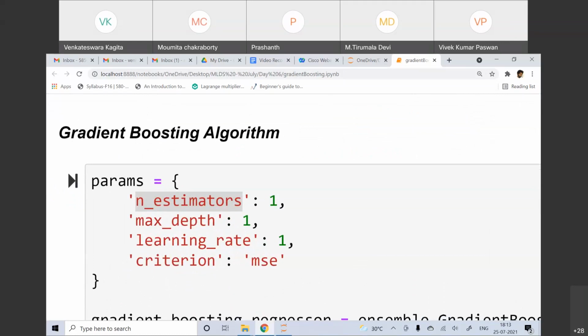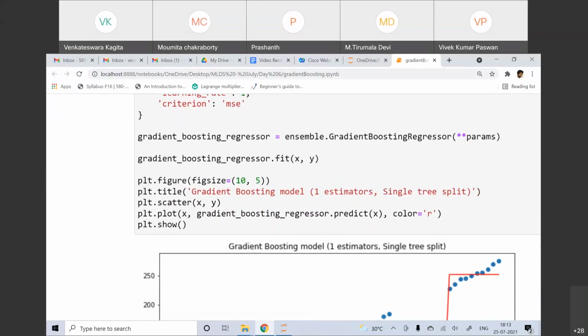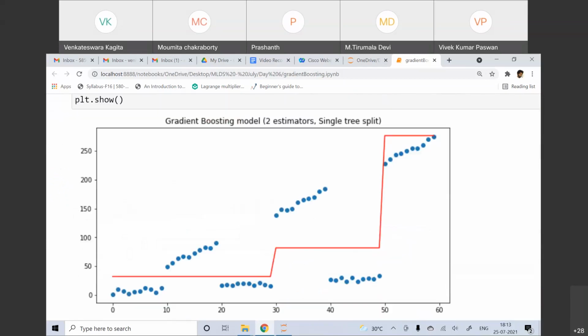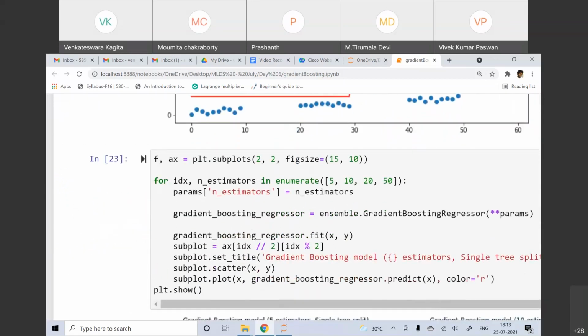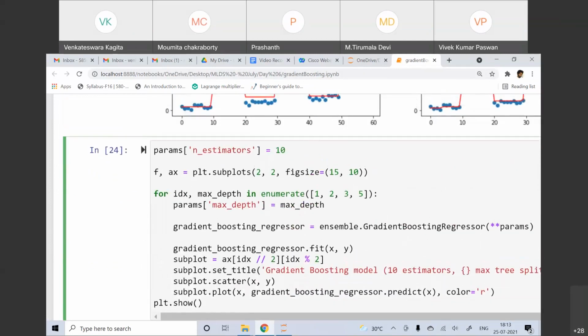Now we are fixing the number of estimators, but changing the complexity of the underlying model. Complexity is increased. Okay, so let us see whether the model performance is improving or not with the complexity of the underlying model. Okay, so I'm changing the depth.